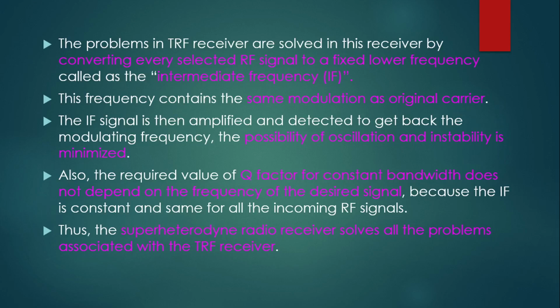All these serious problems in the TRF receiver are solved in the super heterodyne receiver by using a simple technique of converting each and every selected RF signal to a fixed lower frequency signal known as IF or intermediate frequency.